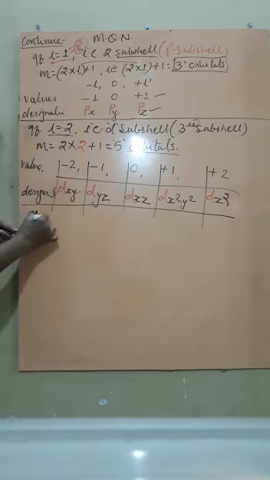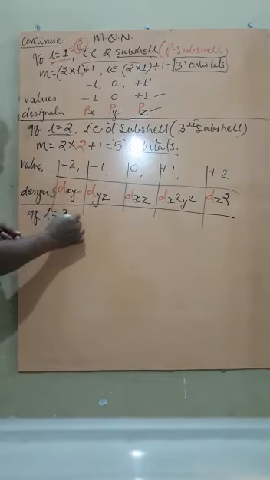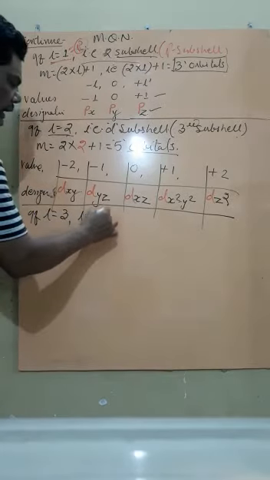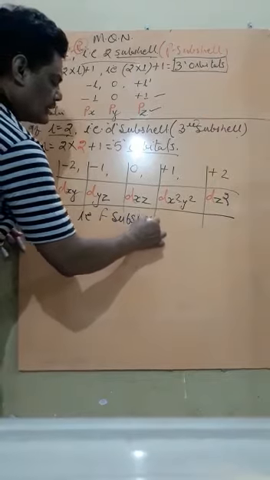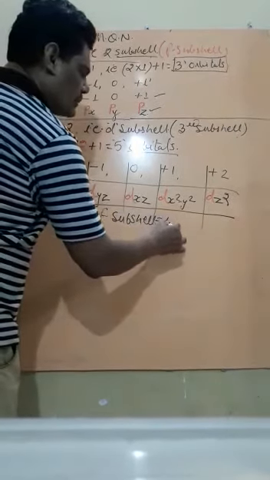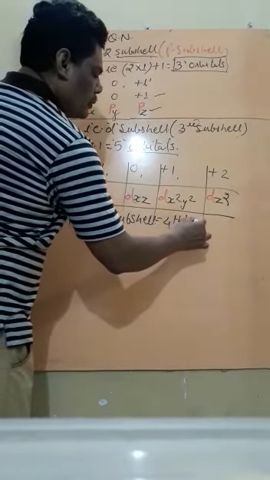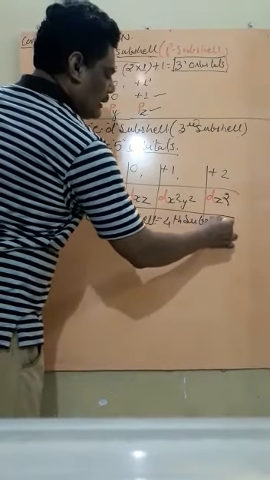Now if L is equal to 3, that is the F subshell, the fundamental subshell. This is called the fourth subshell.